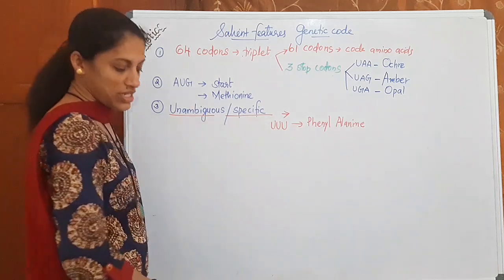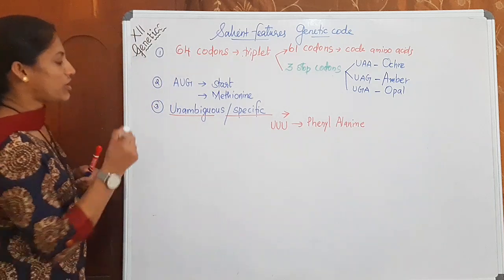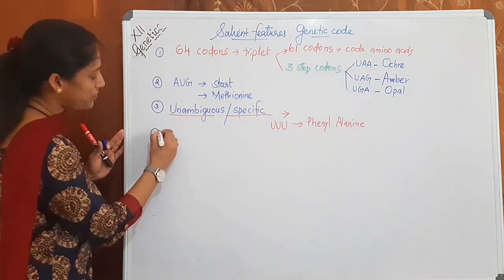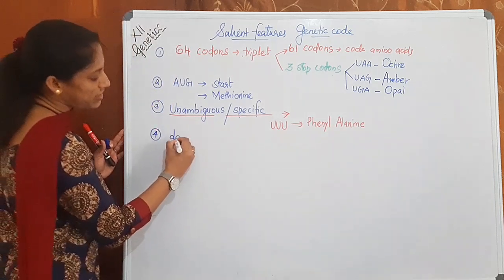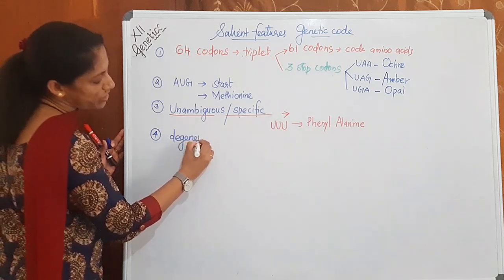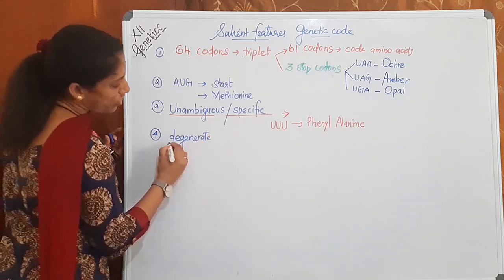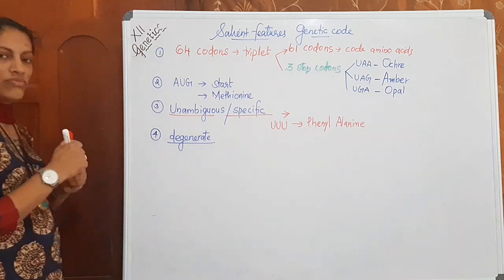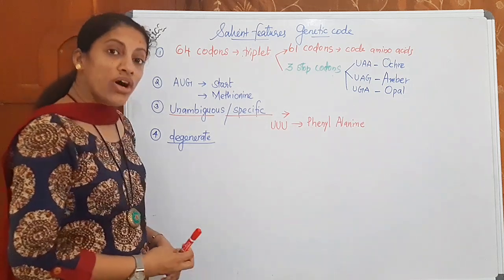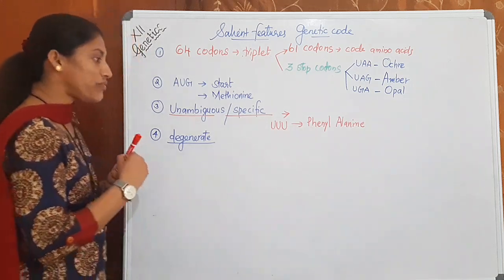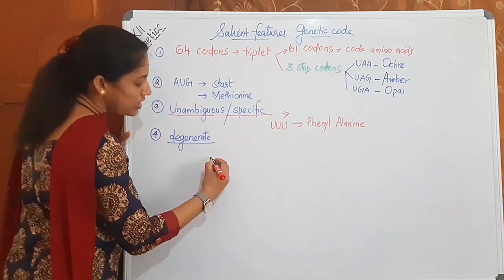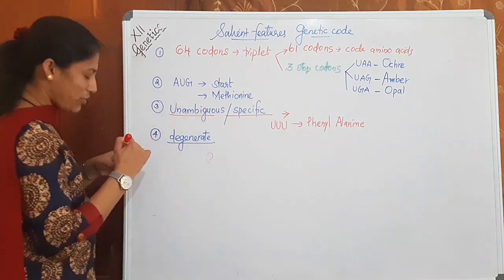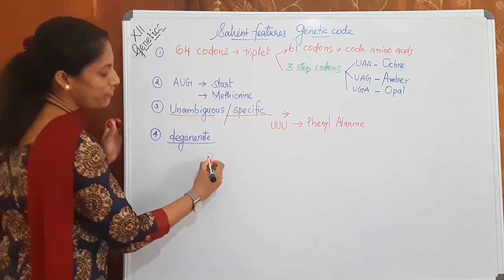This is the specificity. The next point of the code is that the code is degenerate. Degeneracy of the code. What do you mean by that? You start with an amino acid, for example phenylalanine.